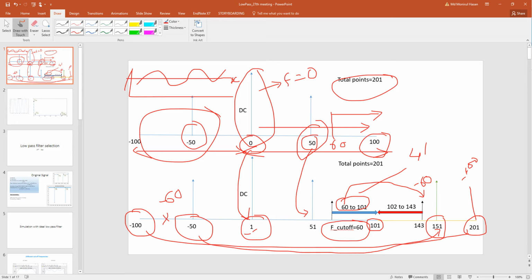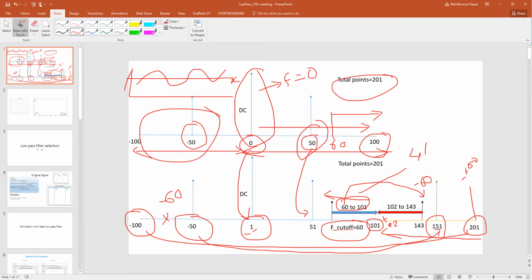And this signal, you can think that if you consider it coming from this way, then 102 is the last point. So you can think of another way: from 101 points we are going left up to 60.